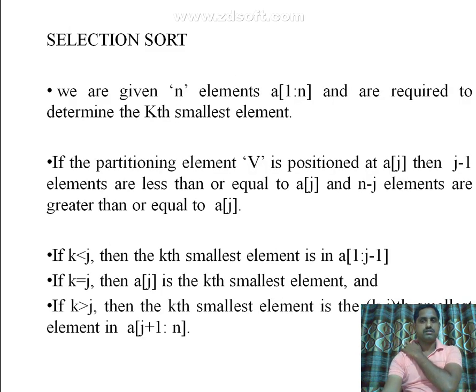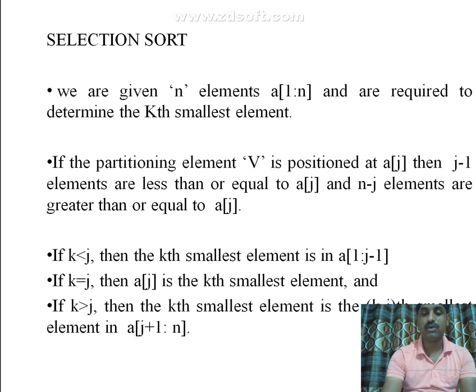Next one, selection sort. In selection sort, the algorithm starts by comparing two elements of an array and swapping if necessary. That is, if we want to sort the elements of an array in ascending order, and if the first element is greater than or equal to the second, then we need to swap the elements.